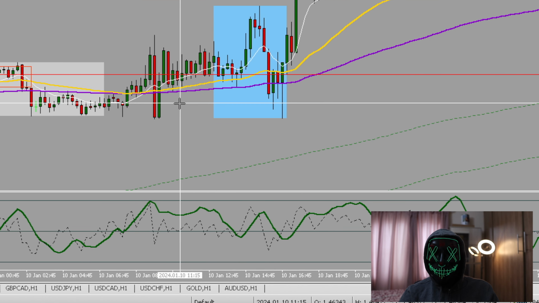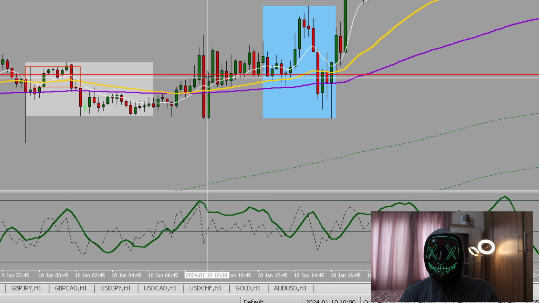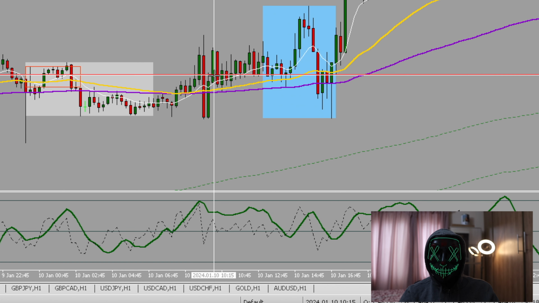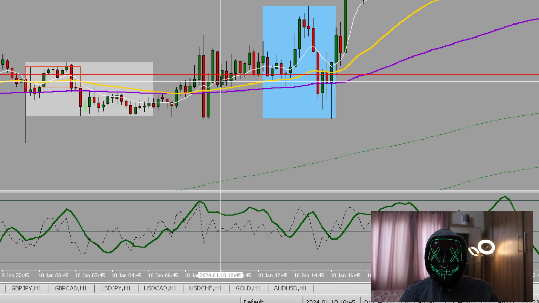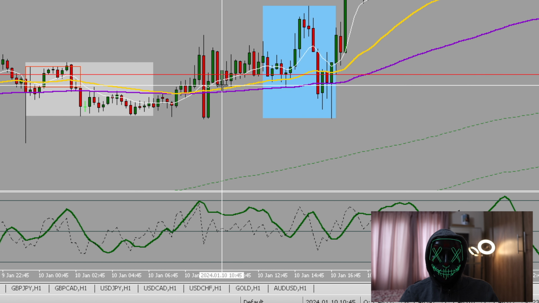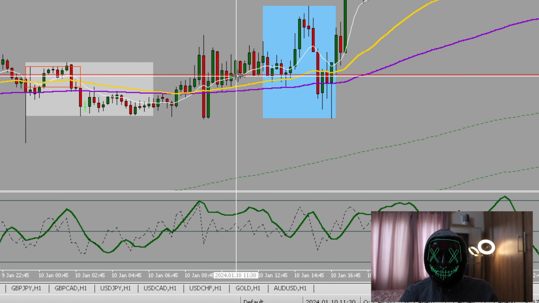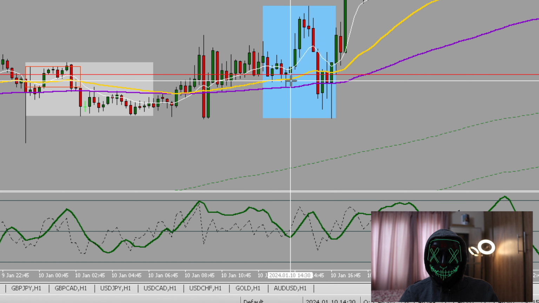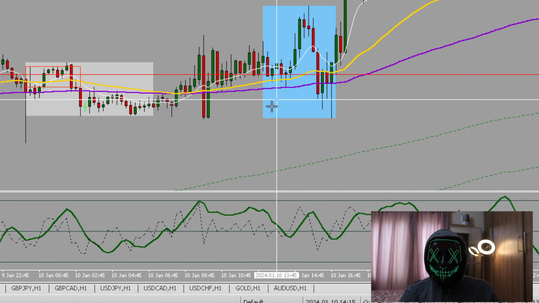My pass candle happened around here, where price wicked to the downside and then pushed up and closed right about at this candle on the 1 hour that we just saw. So at this point, I'm waiting for price to come back and touch my yellow line, which is my 50 moving average.